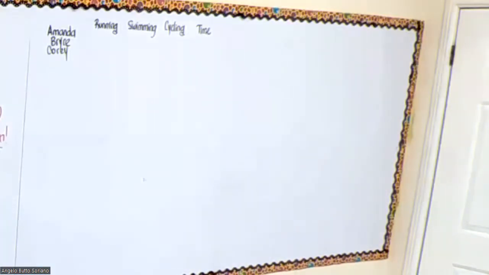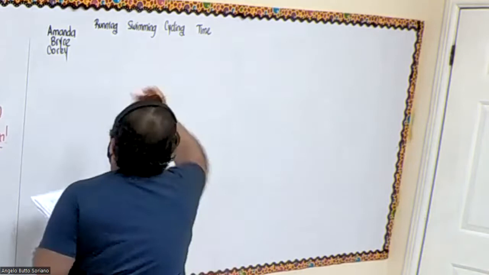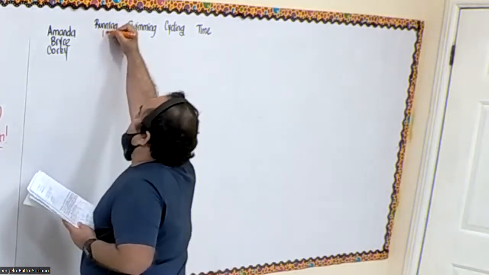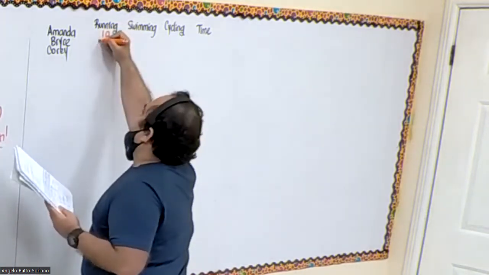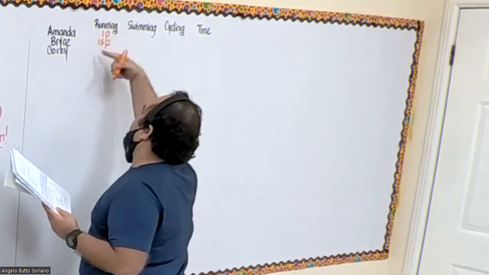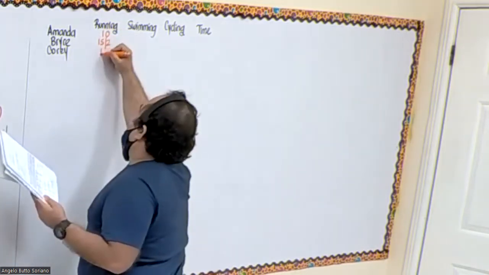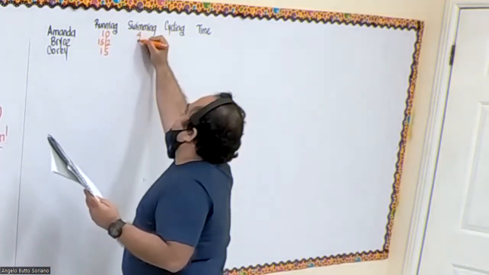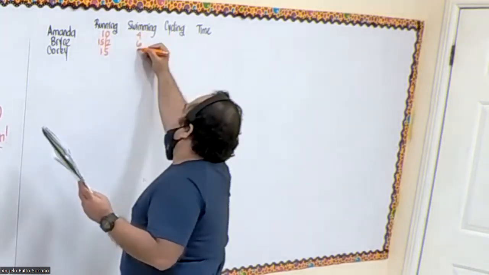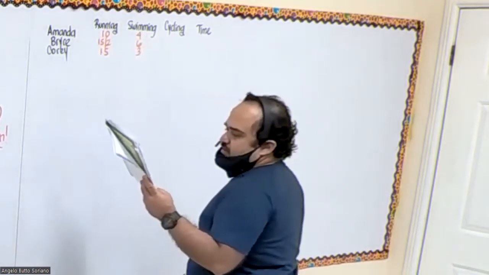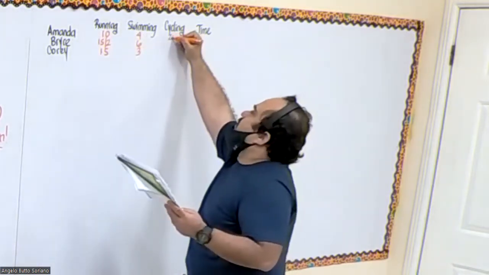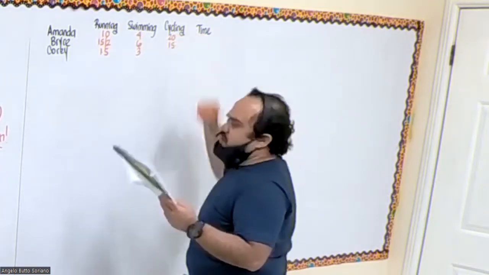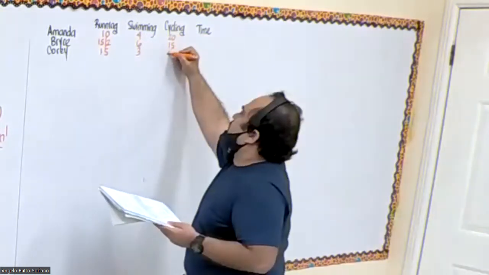Remember, the table is given by the following numbers. 10 in the first one, 10, 15/2 or 7 1/2 is the same thing, 15/2, 15, and 4, 6, 3, cycling is 20, 20, 15, and 40.